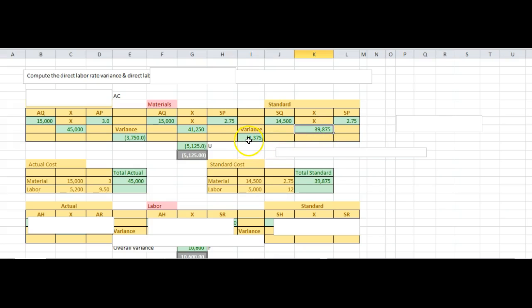Still above, but not as much above when I compare it to the price here. So in this whole situation, I paid more and my variance was higher on this side. If I had paid the standard price, I would have only had an unfavorable variance of $1,375.